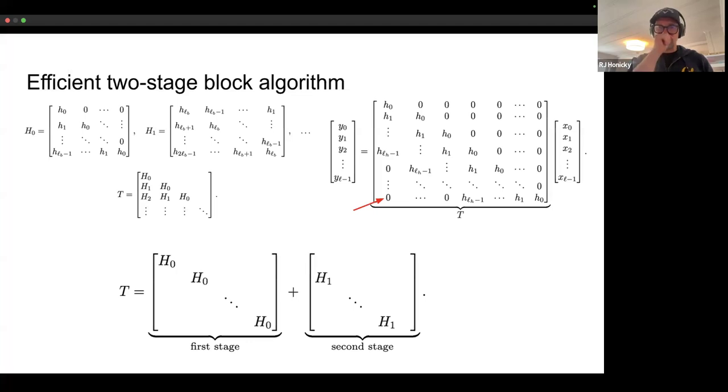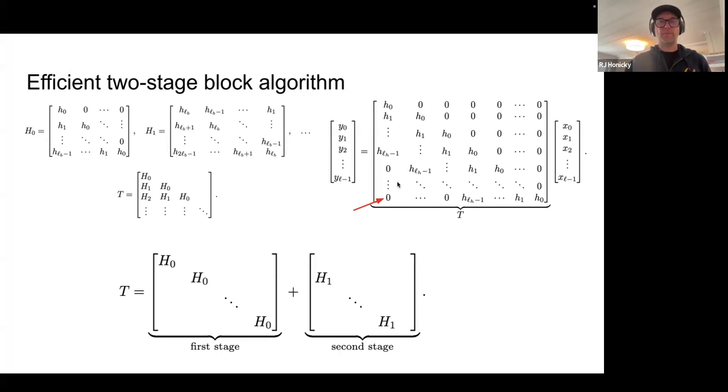Okay, and then they get into a lot of detail. I'm not going to go into a ton of detail here, but there's an efficient two-stage block convolution algorithm that works well for these explicit parameterizations. From the upper left, here's just a Toeplitz matrix, and you can envision this as blocks of matrices. This is the full Toeplitz lower triangular matrix, and I'm just chunking it into these different capital H's.